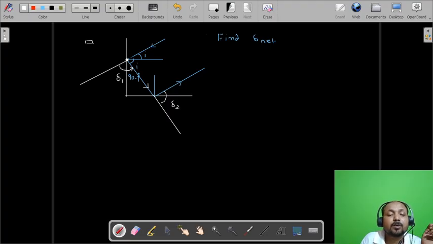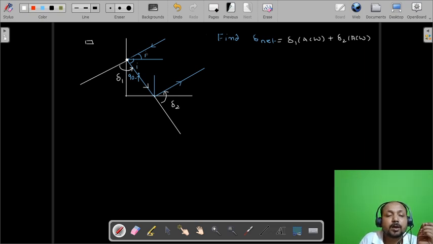They are both in the same direction, that is anti-clockwise. So del net will be equal to del 1 anti-clockwise plus del 2, which is also anti-clockwise. So let us find del 1 and del 2.